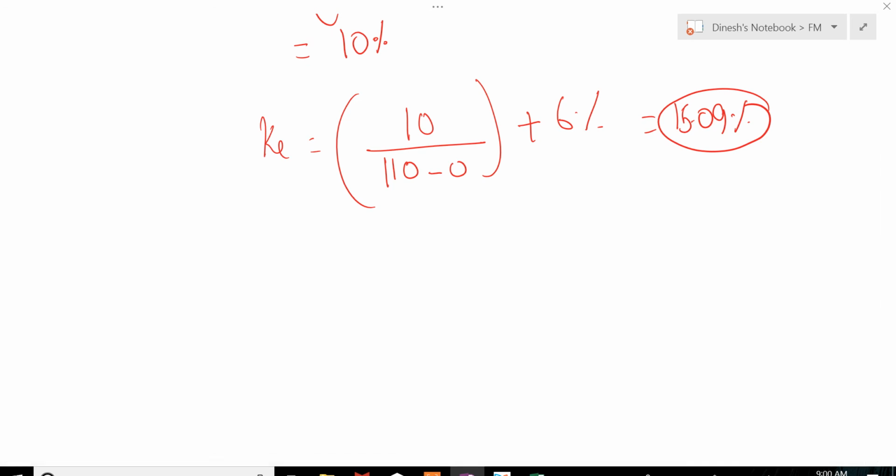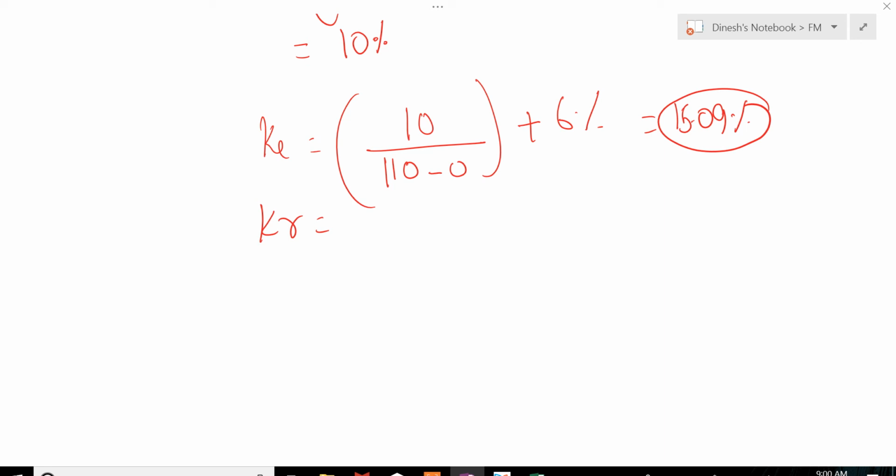What is the next form of capital? Now listen, KR will be the same as KE if there is no flotation cost. Any flotation cost in the question? Personal taxes. They have given the personal taxes. They have said the investor's tax rate is something. So let's use the formula.